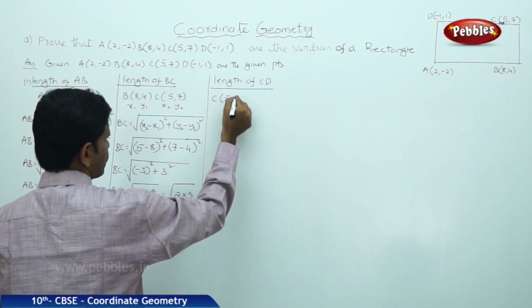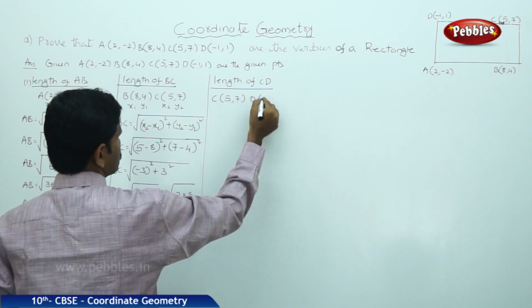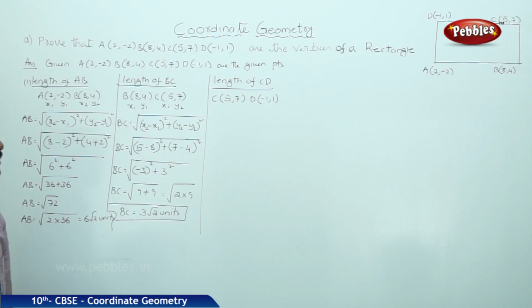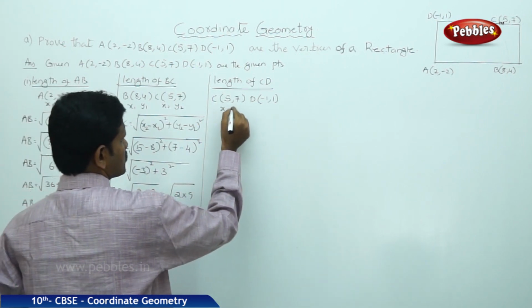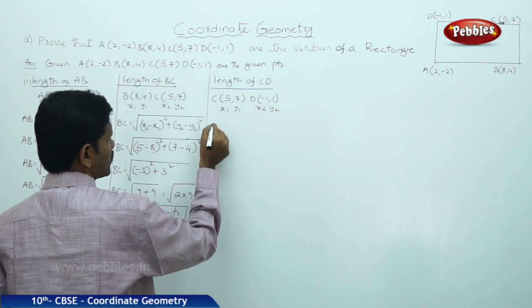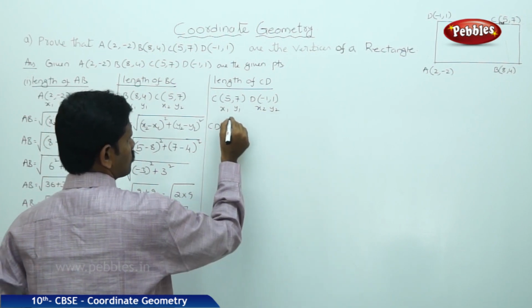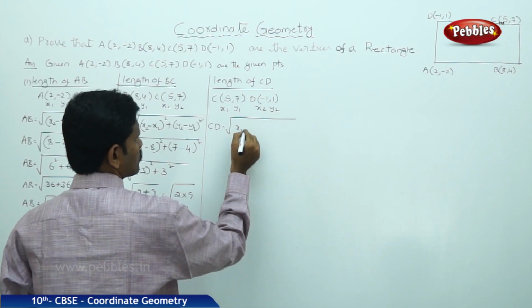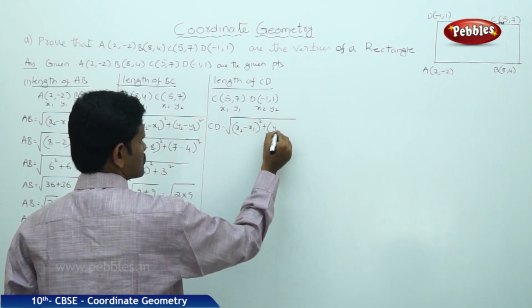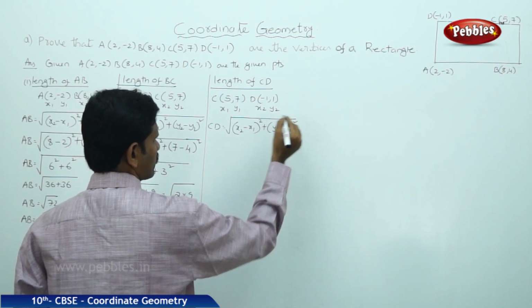C of 5 comma 7, D of minus 1 comma 1, x1 y1, x2 y2. That is CD is equal to root over x2 minus x1 whole square plus y2 minus y1 whole square.